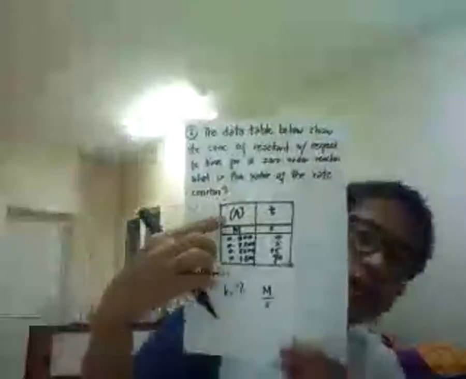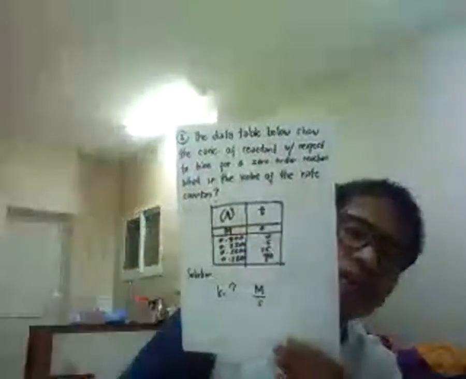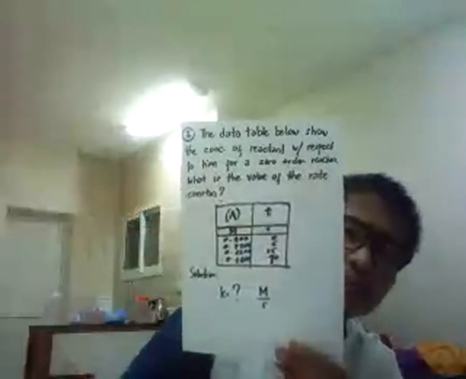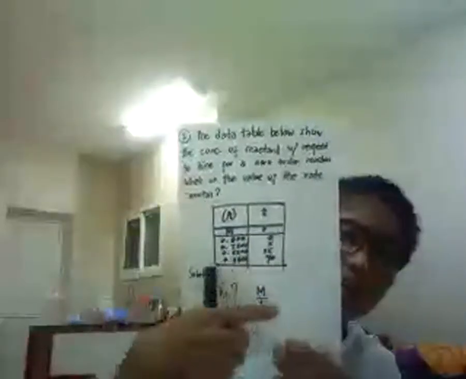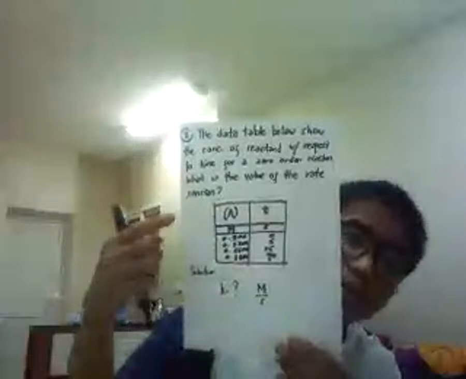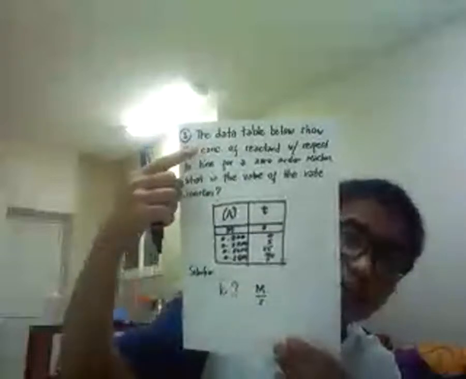K is the unknown rate constant, and your unit will be M over S, because we have the M and we have the S. So this is the K. Of course, this unit is for a zero order reaction. And aside from that, it's mentioned in the problem that this is really a zero order reaction because n is equal to 0.